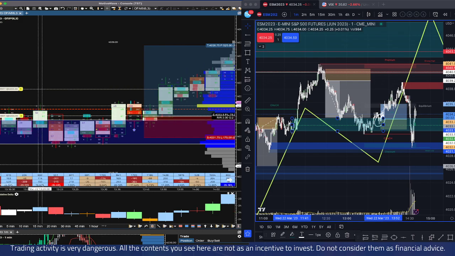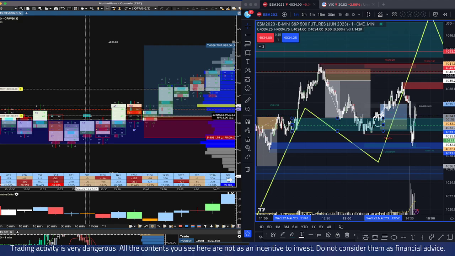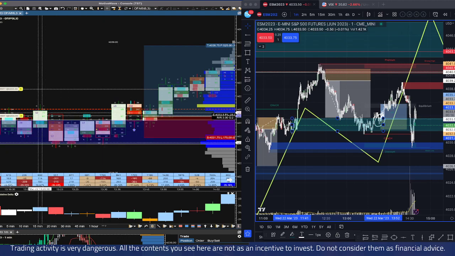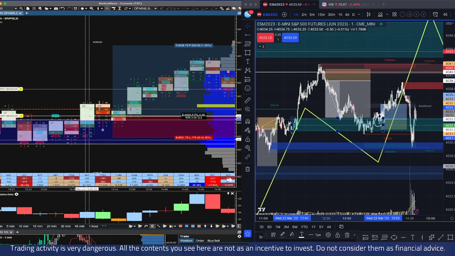With the strong seller pressure, I want to see price falling down, but this is not happening. Why? Because we have strong buyer pressure. So what does it mean? That these are all trapped sellers. These became trapped sellers. So price gets huge pressure.